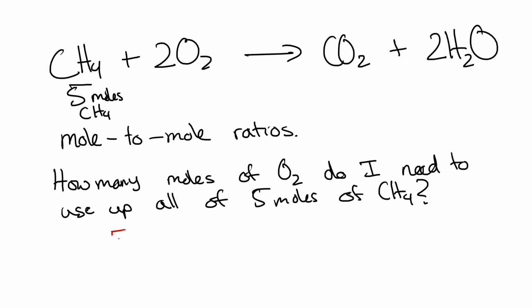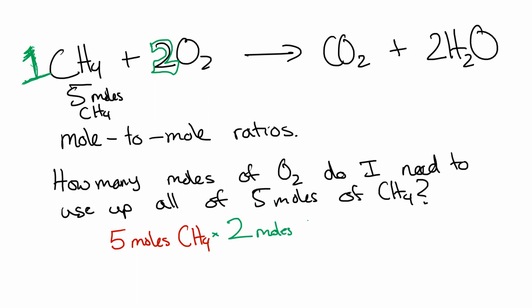You can go 5 moles of CH4, and we know that there is a 1 here. It's not imaginary. It's a 1. Now, we don't write in the 1 normally, but there's a 1 there. Okay? And there is a 2 here. And so therefore we can multiply this by 2 moles of O2 over 1 mole of CH4.